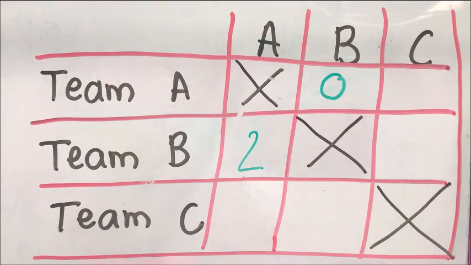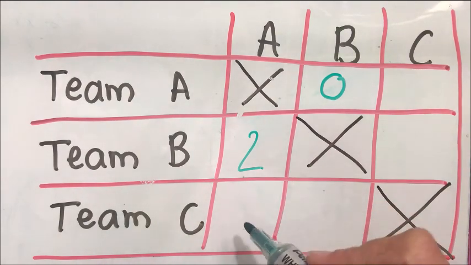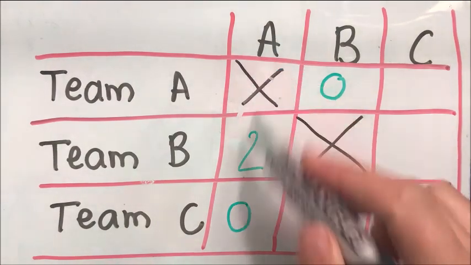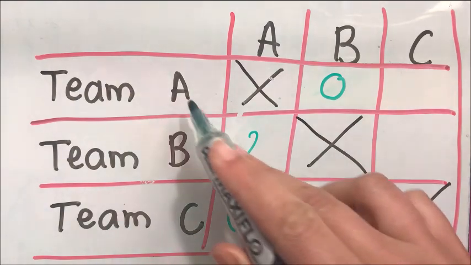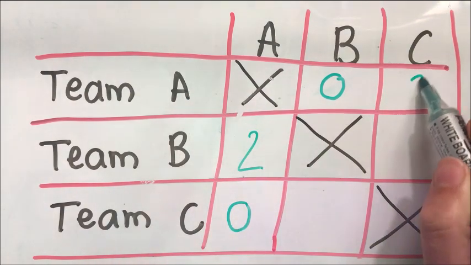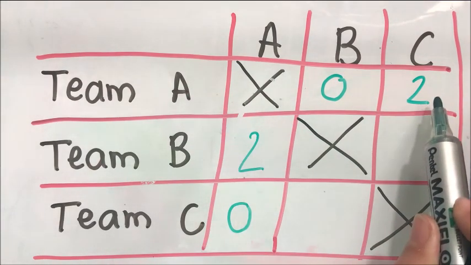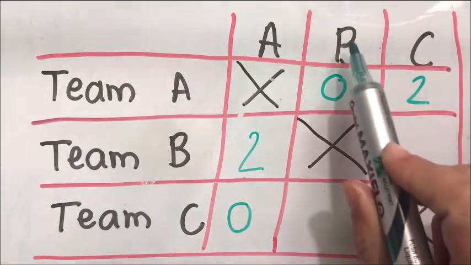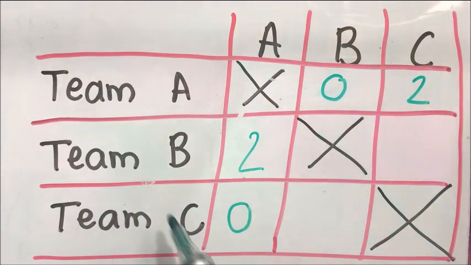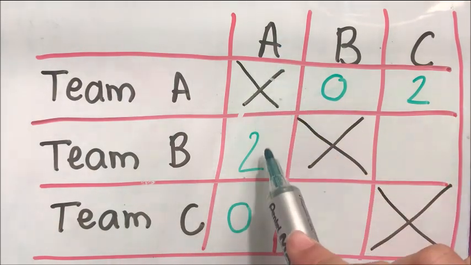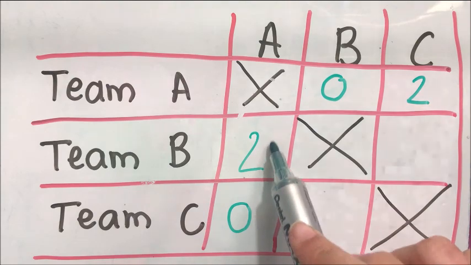Now we look at team C. They played their first match against team A. So team C lost against team A, which means team A won against team C. So if we look at the row for team A, they won against C, but they lost against B. If we look at B, they've only played 1 match against A and they won.